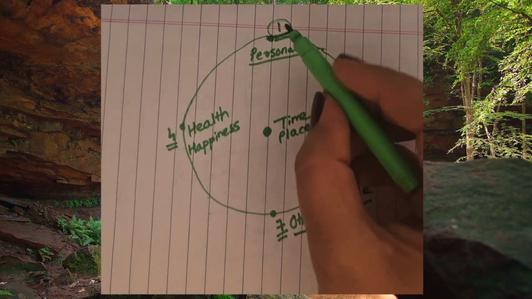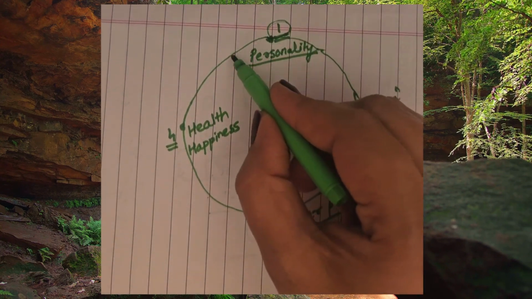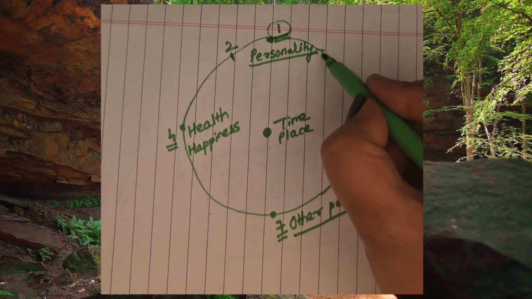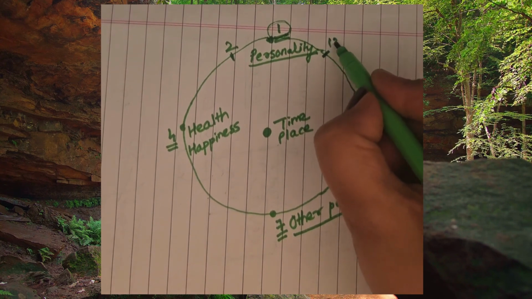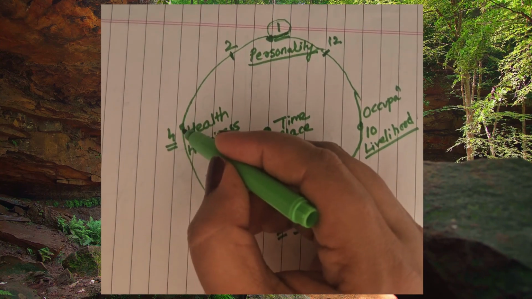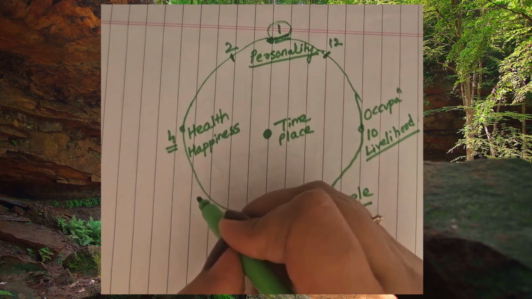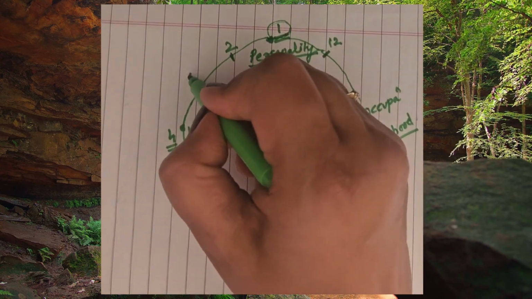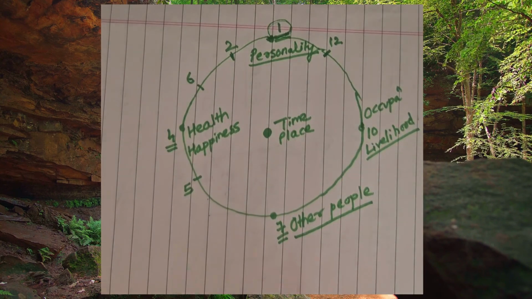The gain associated with this first house is the second house, and the loss associated with the first house is the 12th house. Likewise, for the second pillar, the gain associated is the 5th house and the loss associated is the 3rd house.